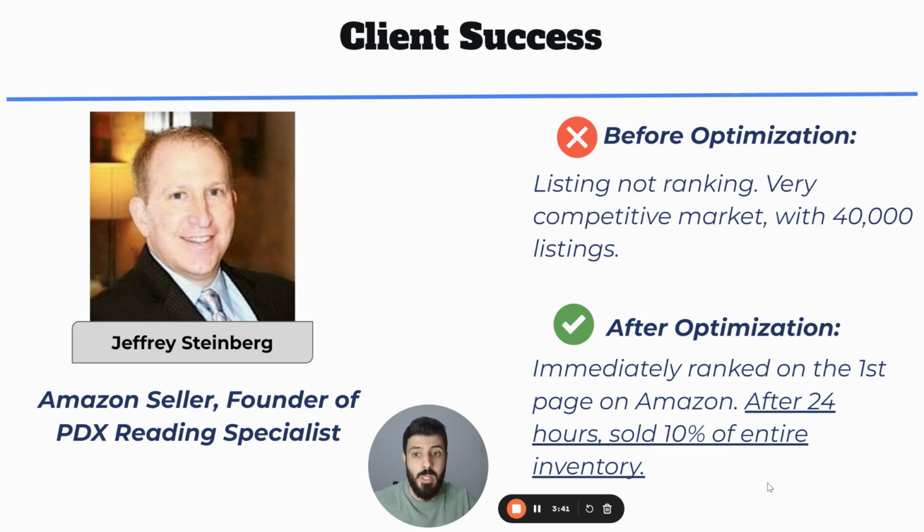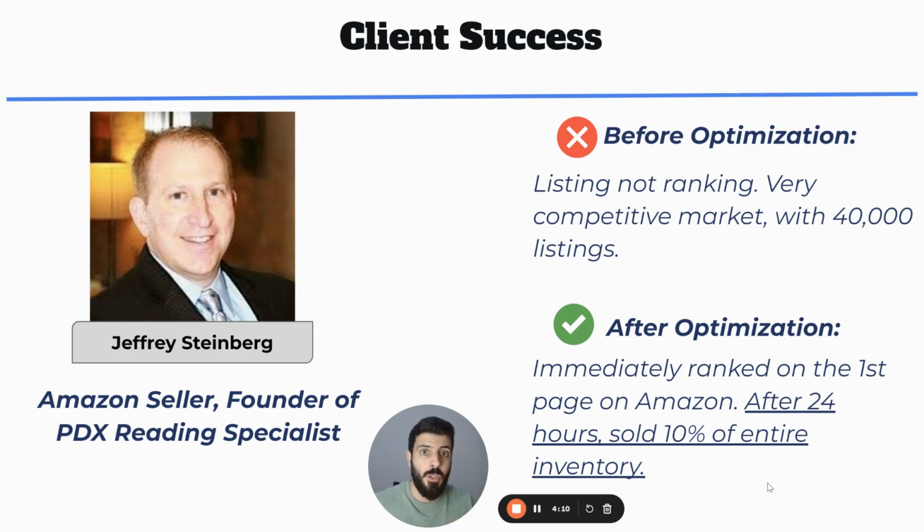And this was a good case study because immediately after updating our content, he ranked on the first page on Amazon in a category that had 40,000 plus listings. And after 24 hours, he sold 10% of his entire inventory, which is something that you never see. It's rare to see such a result by just optimizing the product listing.